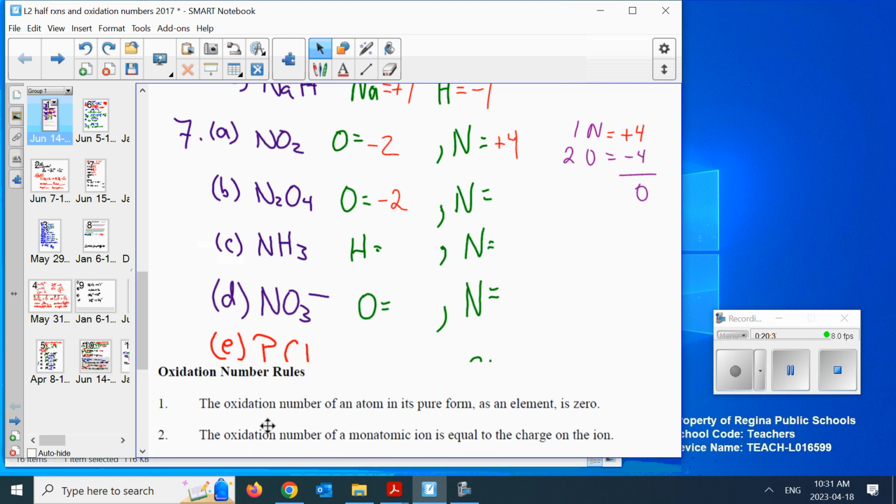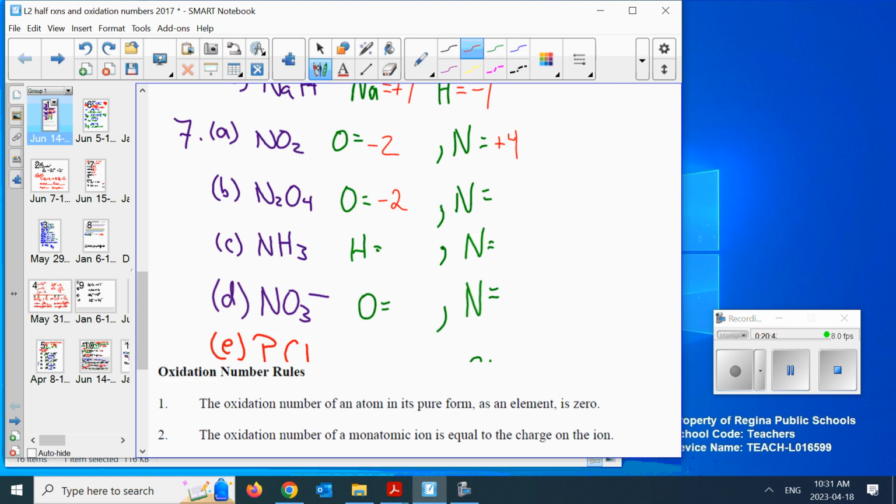Okay. We're making an assumption. I'll do my scratch work here. N2O4, so I've got 2 N's and 4 O's. 4 O's is going to be a negative 8. I know it adds to 0. So what do the 2 N's have to add up to? Positive 8. I can do this in my head.